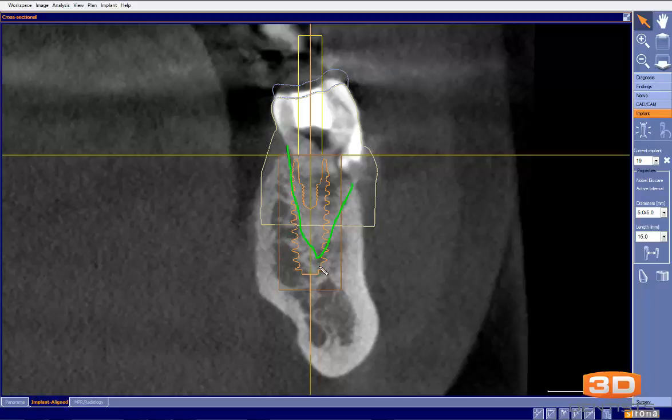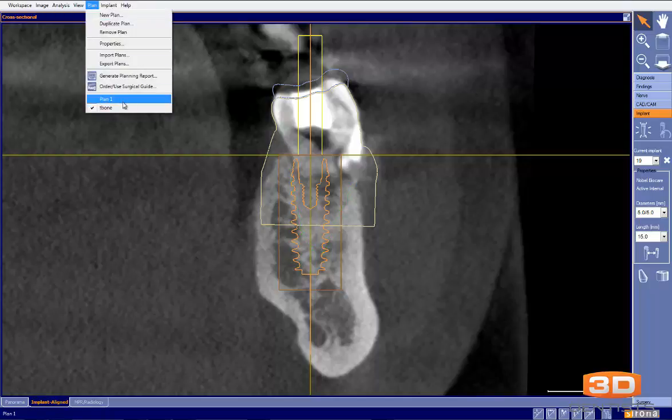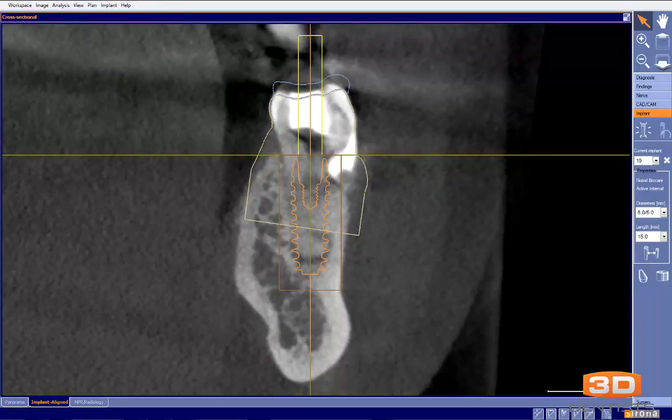As you can see how much of the implant is now engaged in bone in comparison to the original plan, where so little of the implant is engaging, making primary stability a little bit more difficult.